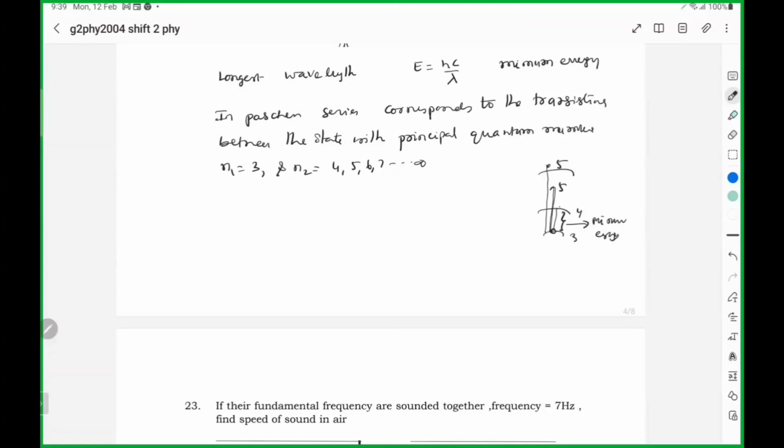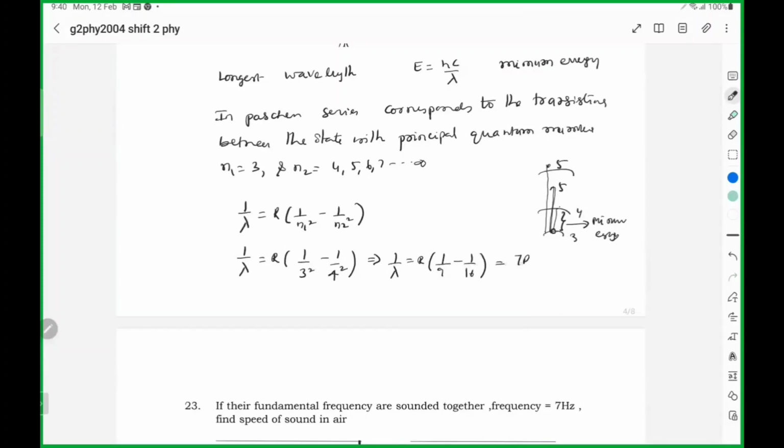And in this hydrogen spectrum, we have the Rydberg formula, that is 1 by lambda is equal to R into 1 by n1 square minus 1 by n2 square. R into 1 by 3 square minus 1 by 4 square. 1 by lambda is equal to 1 by 9 minus 1 by 16.